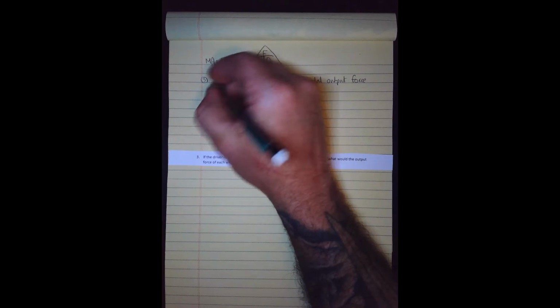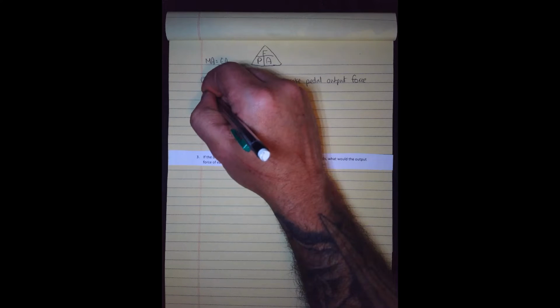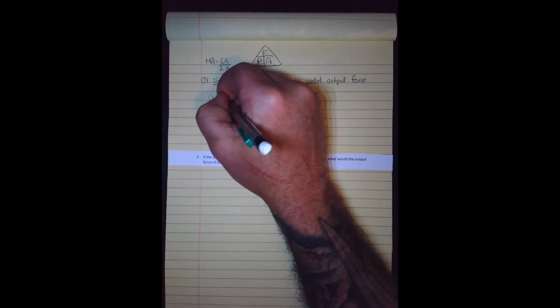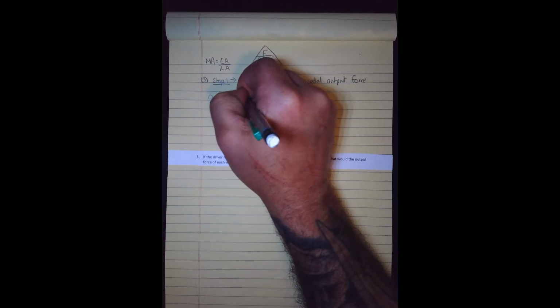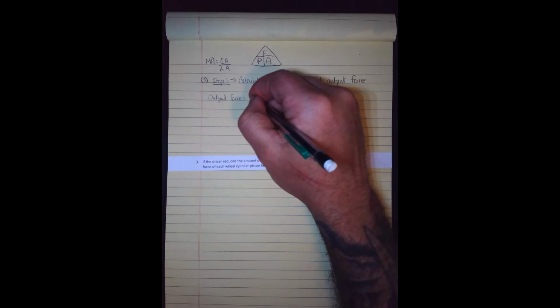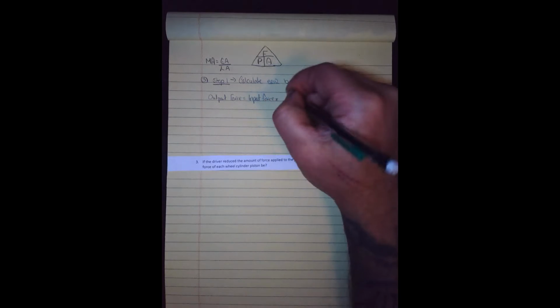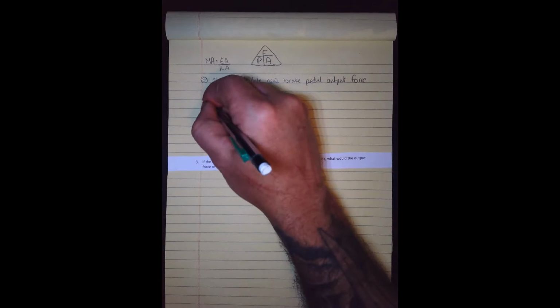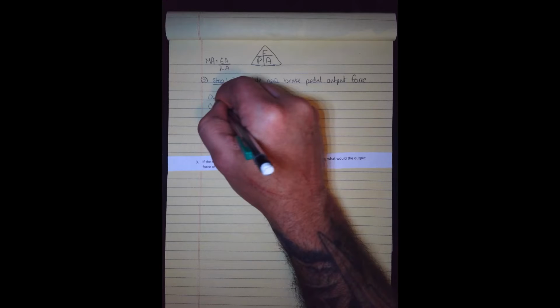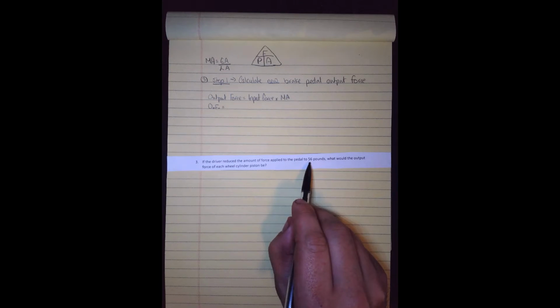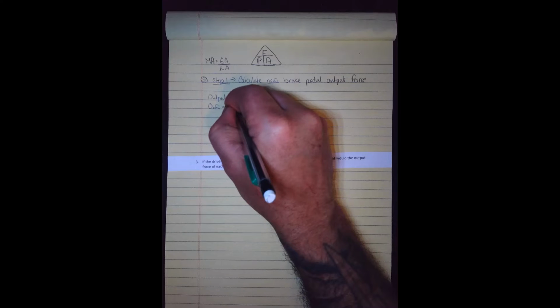So we're going to say output force equals input force times mechanical advantage. Same car, same pedal, that's not going to change. So output force equals our new input force, which is 56 pounds, multiplied by our mechanical advantage, which if we bring our chart back, is 2.53 to 1.